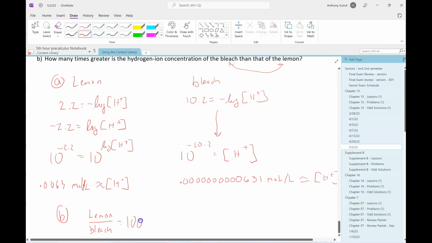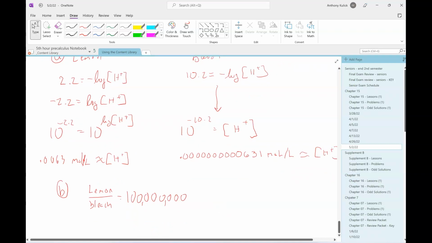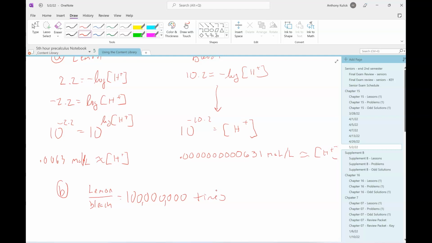So we'd have a 1 with 8 zeros at the end. So 100 million times. Woo! That's one sour lemon. We okay with that?